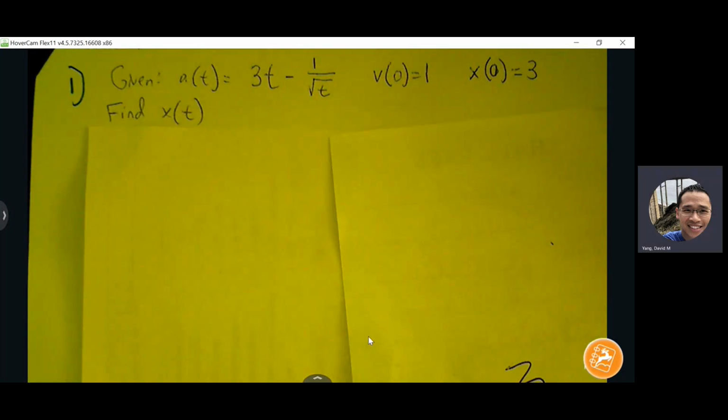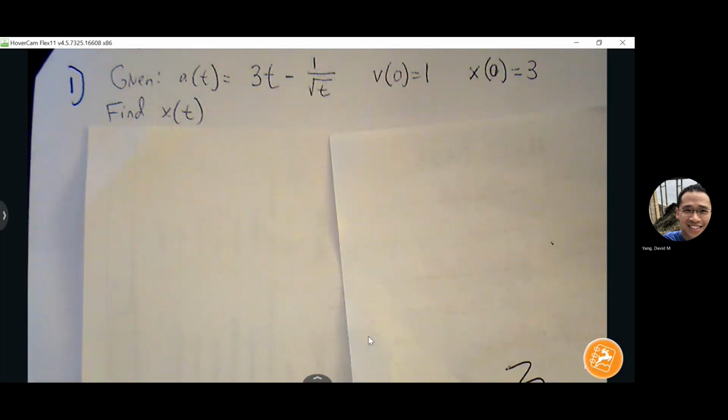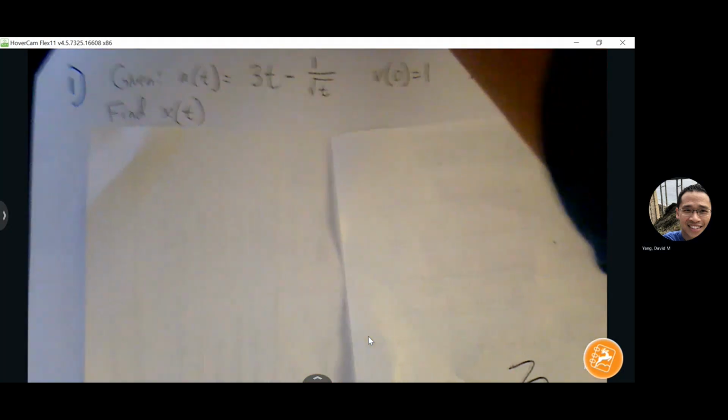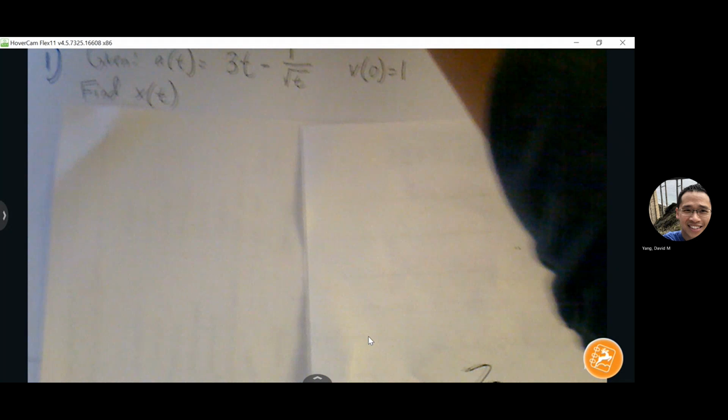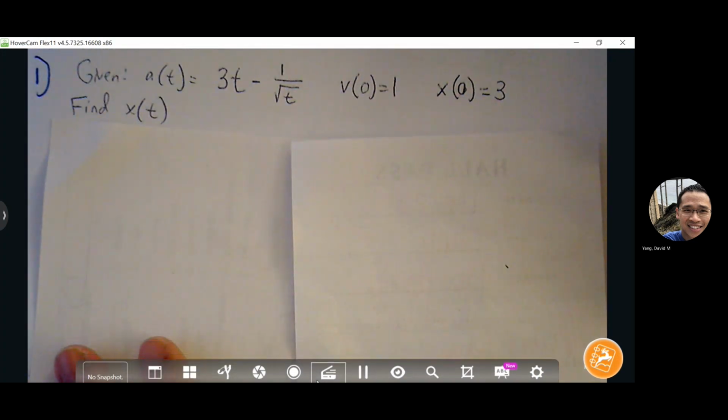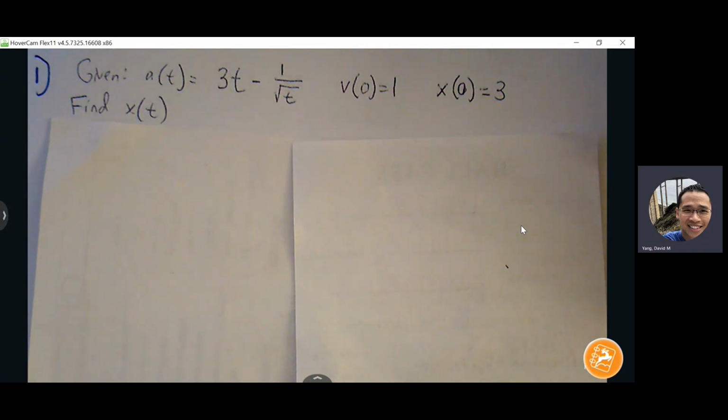Okay, so given the acceleration function, and given that velocity of 0 is 1 and x of 0 equals 3, find the position function.